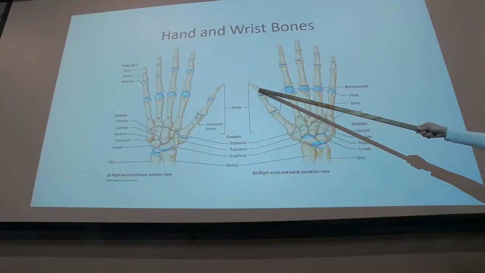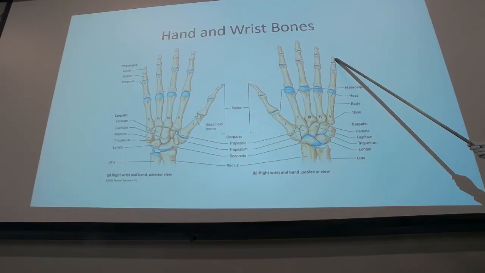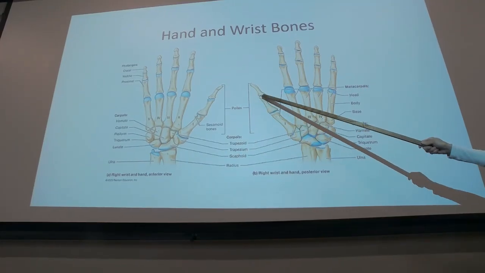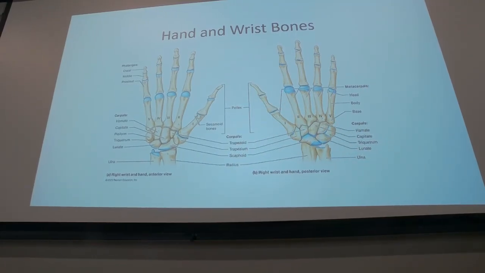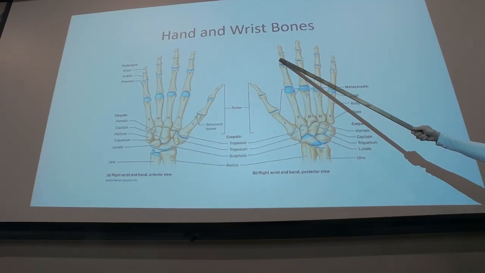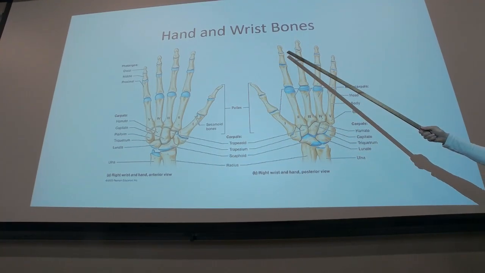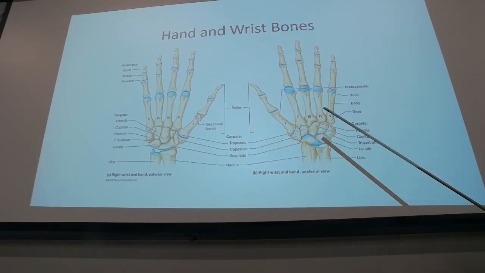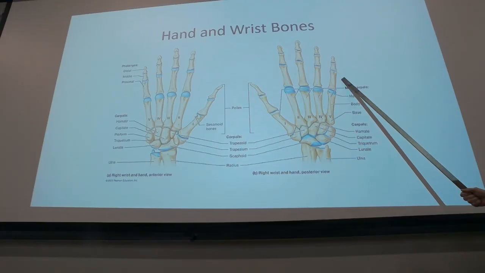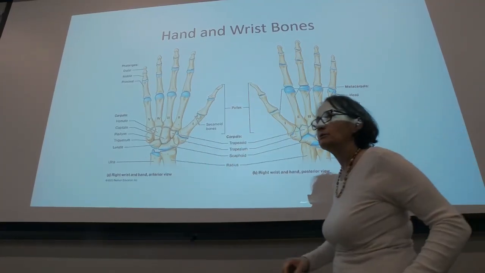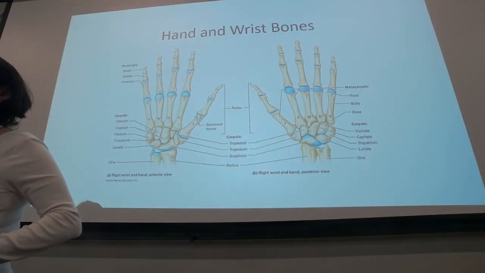And all the fingers have distal phalanges, 1 through 5. The only one missing a middle phalanx is the pollex. So it only has proximal and distal phalanges, but doesn't have a middle one. But fingers 2 through 5 have middle phalanges, and of course they have proximal and distal phalanges. Any questions?